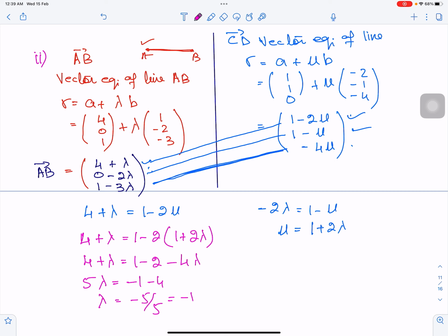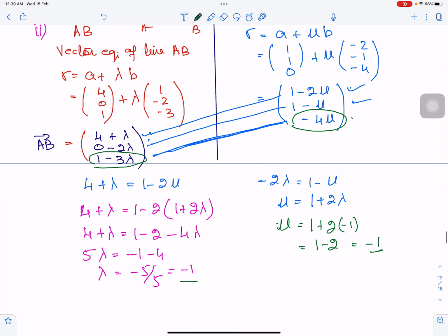I will plug in the value here to get the value of mu. So it will be 1 plus 2 times minus 1. 1 minus 2 equals to minus 1. So my lambda is minus 1 and my mu is also minus 1. I will plug in these values in the third one, which is z, and if I get the same answer, it means lines are intersecting, right?